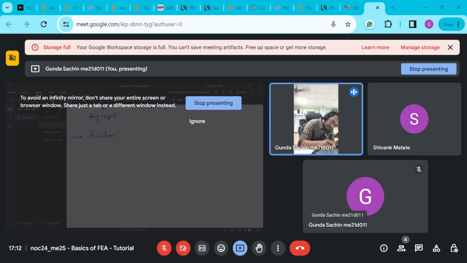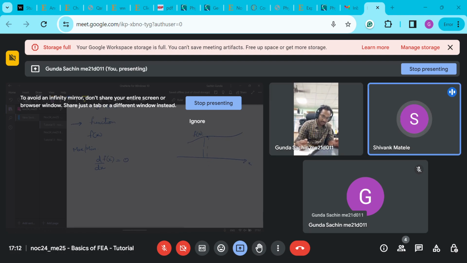So for a function f of x, and this is your function, and this is your x. At a point, let's say you want to find the extremums, maximum or minimum.